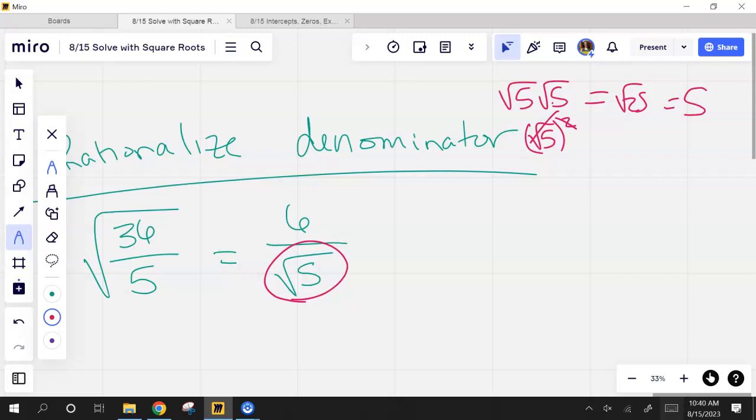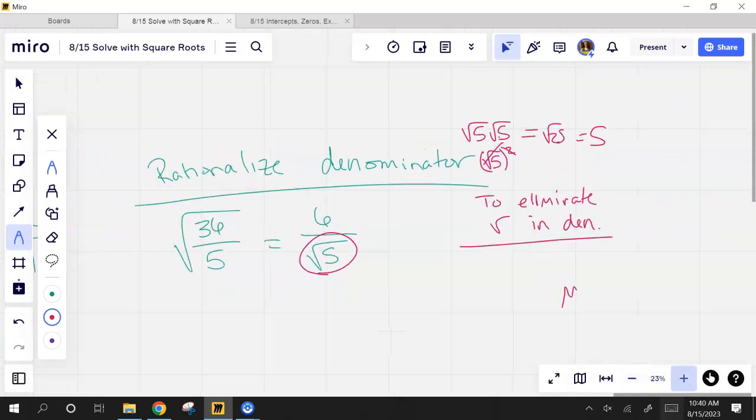So to get rid of a radical in the bottom, to eliminate, we'll use a fancy word, the square root in the denominator. That's the bottom.